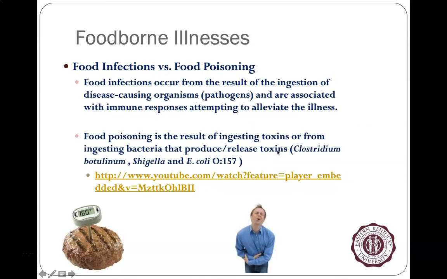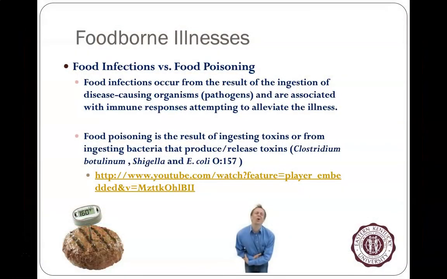When we deal with infections and poisoning, you'll hear these terms thrown around by food people during foodborne disease outbreaks. So foodborne diseases are anything that disrupts our normal bodily functions. That's a disease, right? And it's foodborne or waterborne. What makes it an infection versus a poisoning?